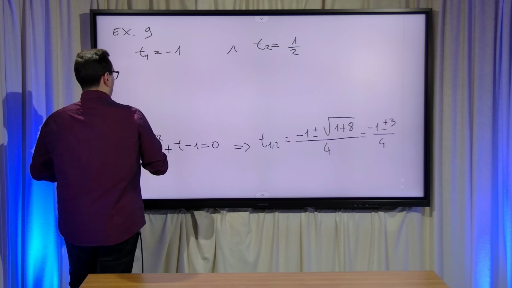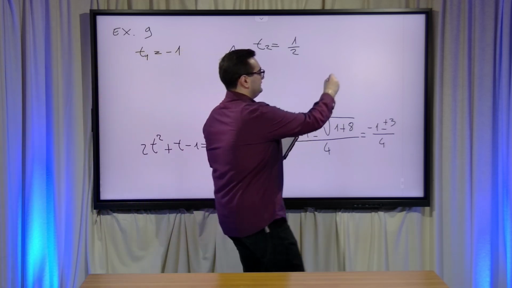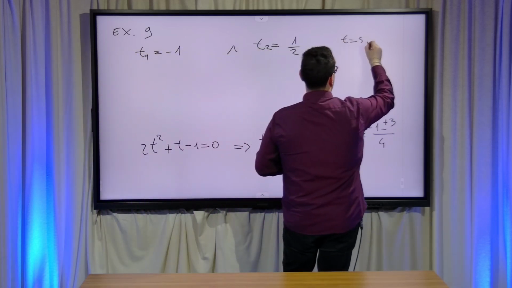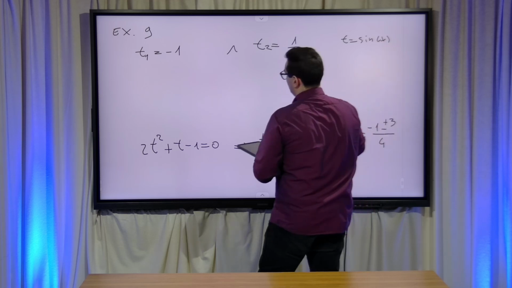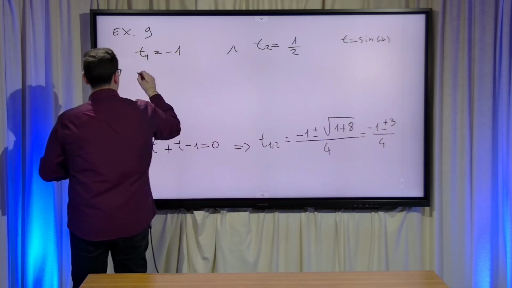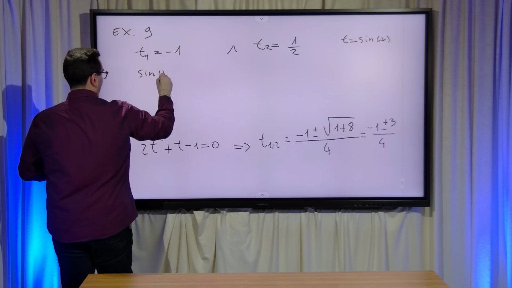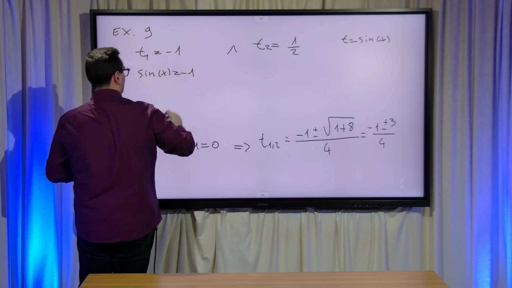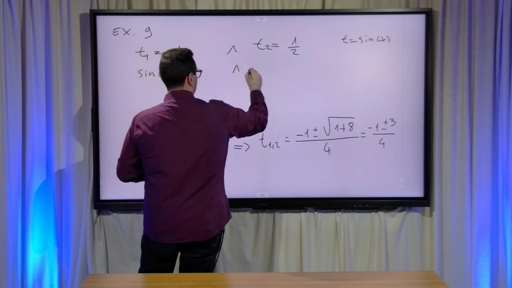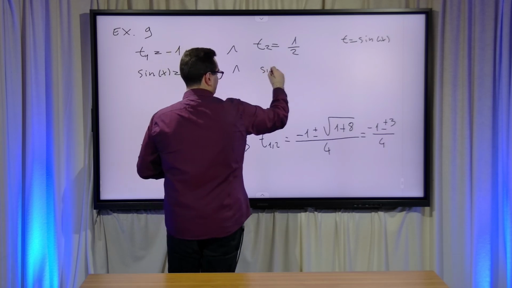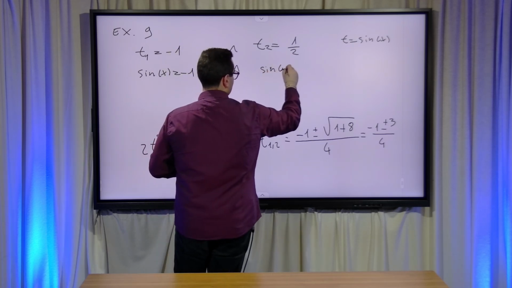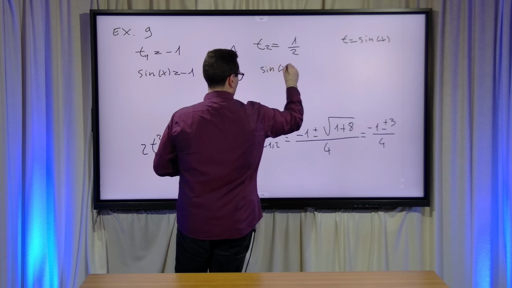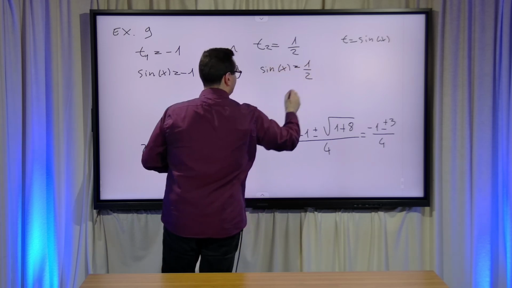Now I remind you that t is equal to sine of x, so I can write here sine of x is equal to minus 1, and sine of x is equal to 1 half.